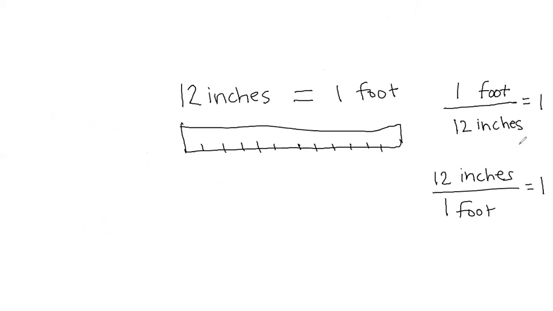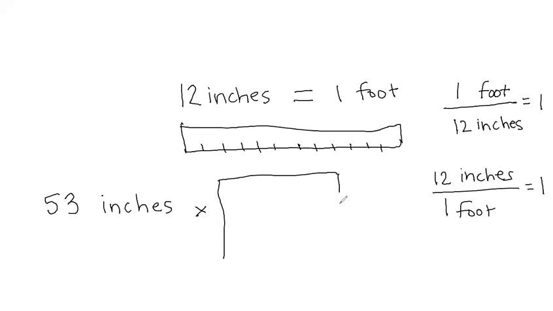Okay, so here's an example. You know that something is 53 inches, and you need to know how many feet that is. One way you can do that is by multiplying by what we call a conversion factor. A conversion factor is just one of these two fractions over here, for example.